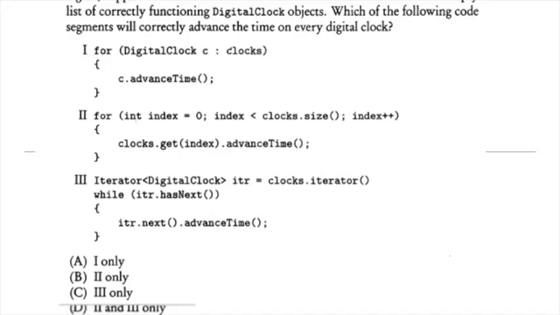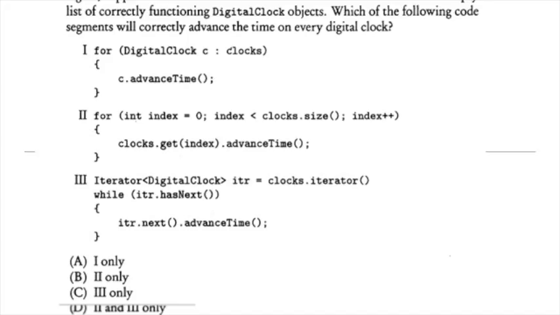Now we get the iterator and we use the while loop with hasNext, and we let iterator.next directly call advanceTime. So as long as there is another next element, this iterator will directly point to the next element, which has not yet been processed by the advanceTime method for that specific element.